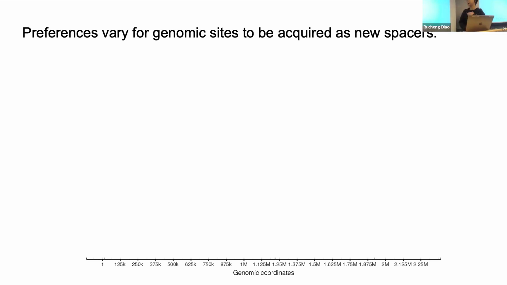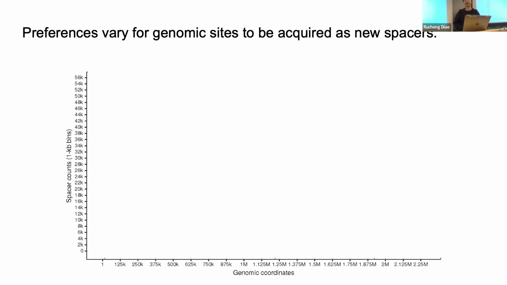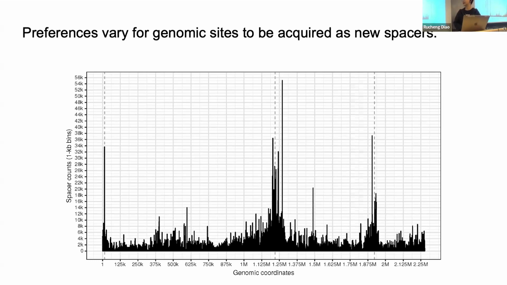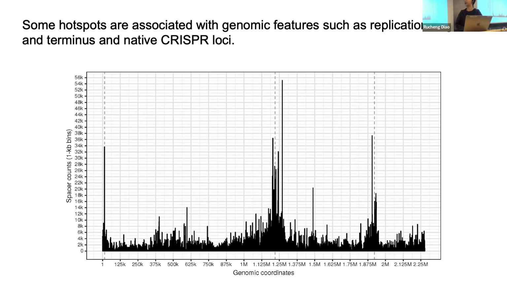We look across the genome coordinates and plot how many spacers there are at each genome coordinate that we found. The first thing we notice is that there is a range of different levels of preference for different genomic sites being taken up as new spacers. And some of the hotspots, like the very high peaks, we can associate with genomic features that we already know.